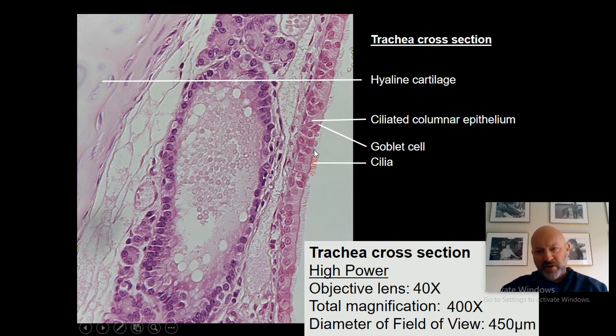And we could see these little hair-like structures extending out of the cells. And that's the cilia, right? So as debris gets stuck in the mucus here, it's these cilia that will then brush it back up and send it back up where it came from, not allowing it to get deep in the lungs.